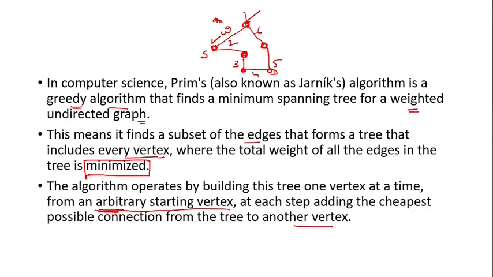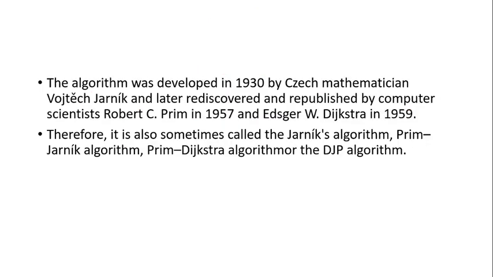This algorithm is also known as Jarnik's algorithm, and we are going to see why this name came up, because he invented this algorithm. It was developed in 1930, quite a long time ago, by the Czech mathematician Vojtech Jarnik, and later rediscovered and republished by computer scientist Robert C. Prim in 1957 and Dijkstra in 1959.